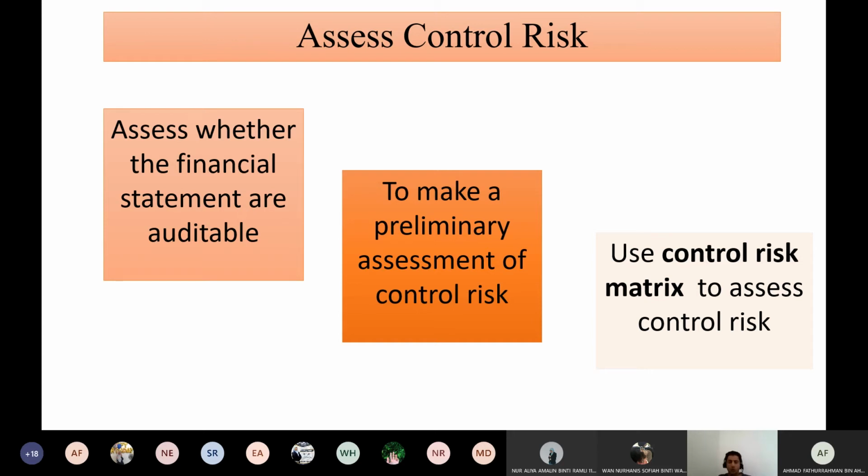Okay, next, to make a preliminary assessment of control risk. We need to assess control risk by doing the preliminary assessment, and then we use the control risk matrix to assess the control risk.